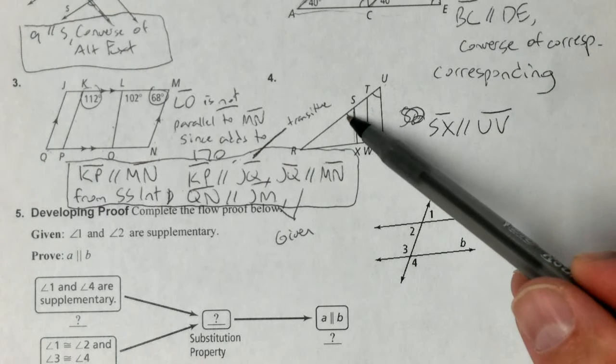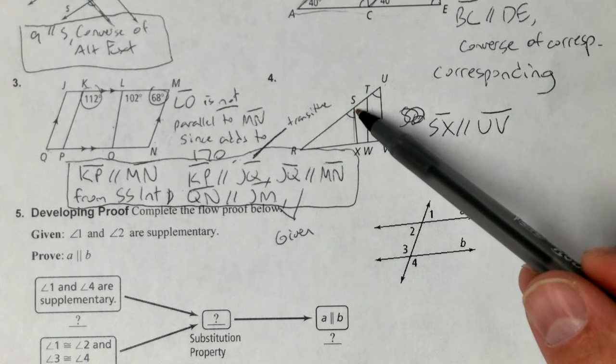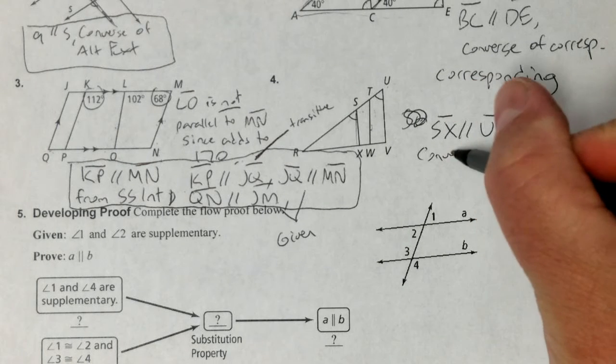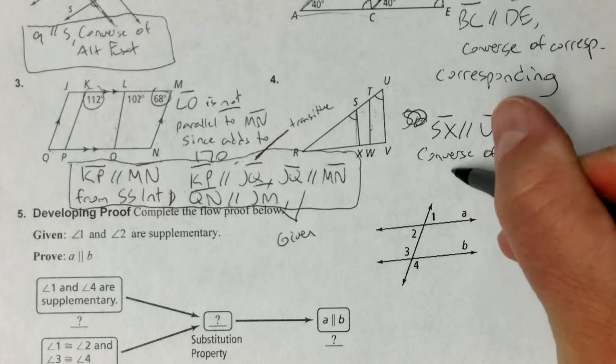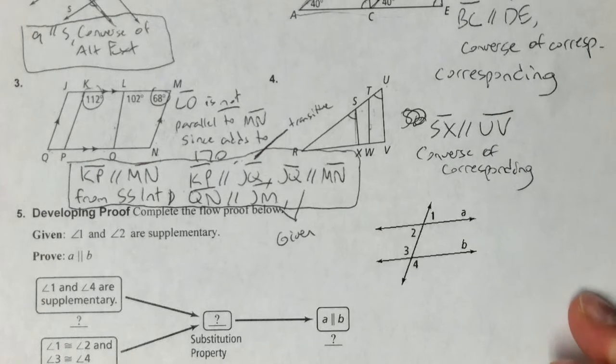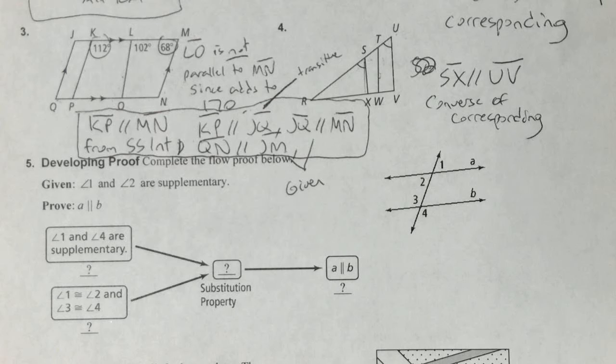And again, we're skipping an angle, and so that's going to be corresponding. Converse of corresponding. So just like the ones above it.